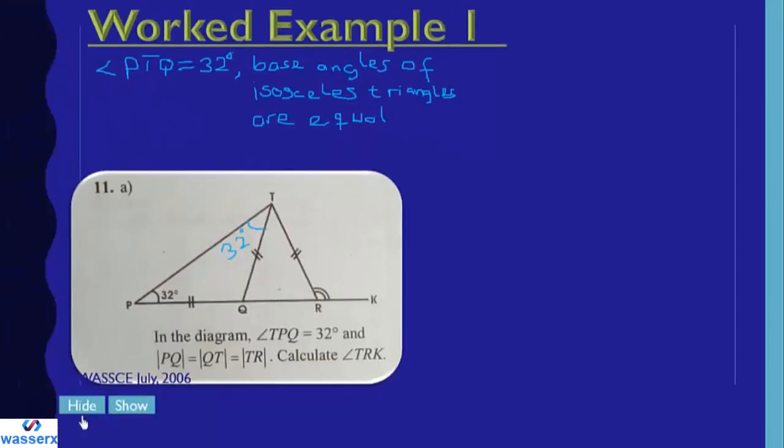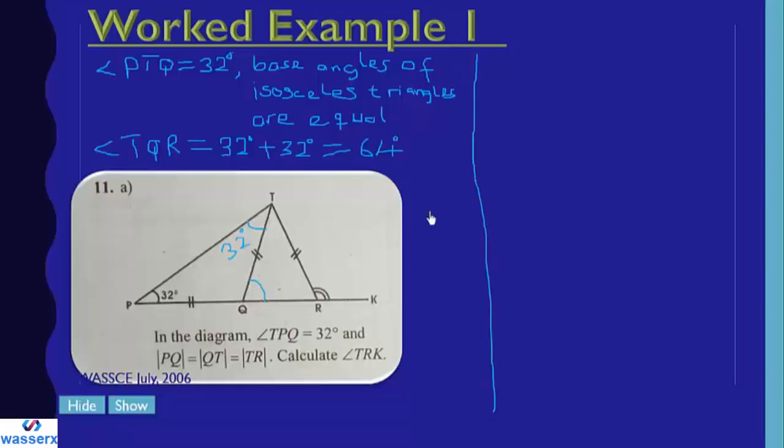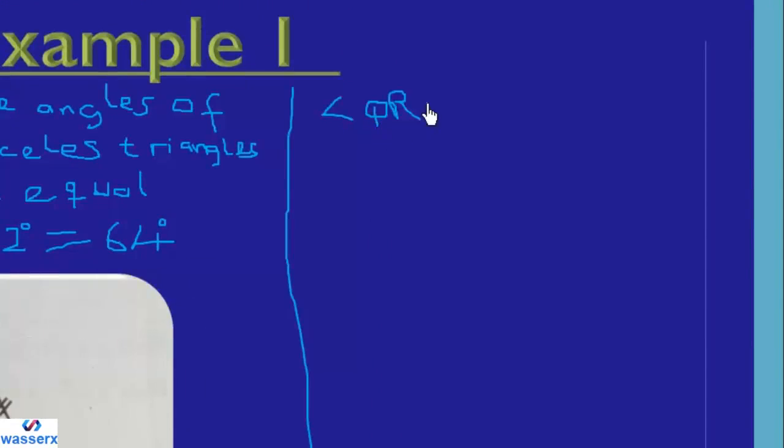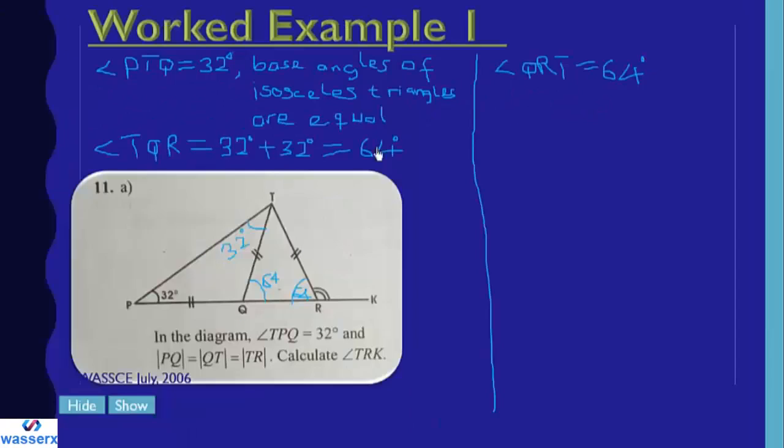So we are going to use the exterior angle theorem. So this angle over here is equal to the sum of these two angles. So angle TQR is equal to 32 degrees plus 32 degrees, and this will give us 64 degrees. Now this is also an isosceles triangle, so the base angles are also the same. Therefore angle QRT is equal to 64 degrees.